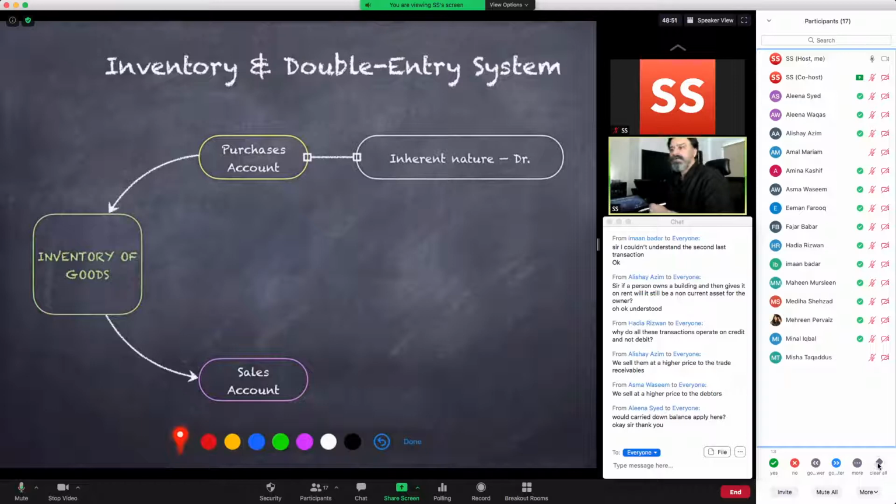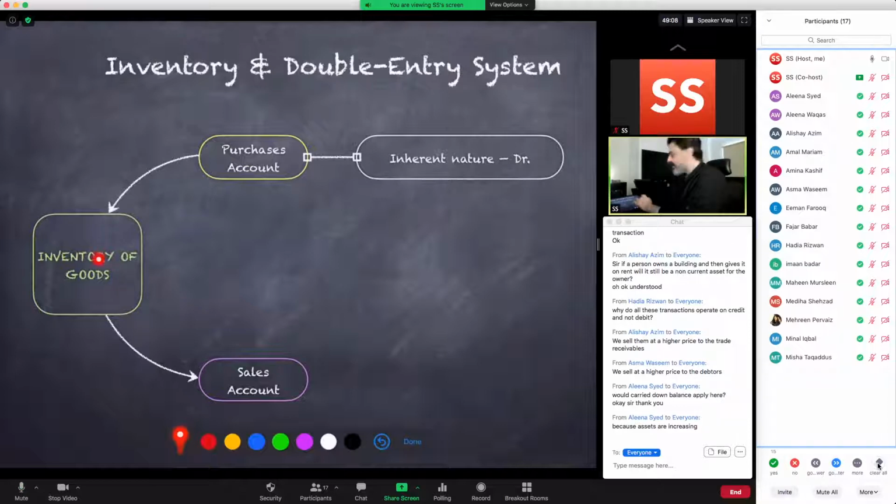Why would it have a debit nature associated with it? There are many ways of looking at it, but right now there's one very clear reason to see it. You can see this arrow here. Every time you buy goods, you're contributing towards your existing inventory of goods. So that is why every time you buy goods, your inventory asset is going to increase. So that is why it has an inherent nature of being debit, right?